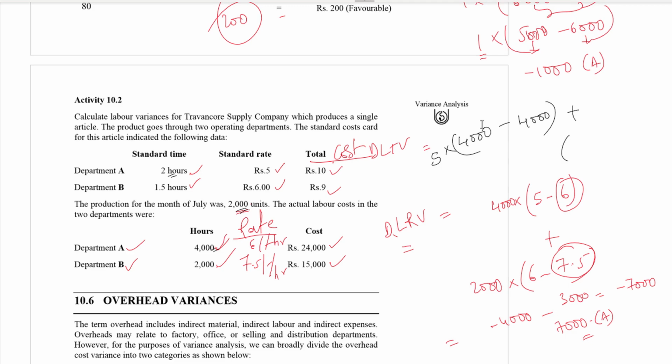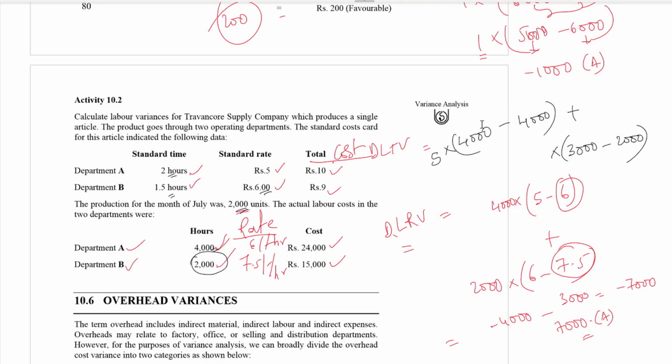Whereas in department B, what is the change in time? For producing 2,000 units, it was estimated at 1.5 hours per unit, which means 3,000 hours was the estimated time in department B, but actually they worked only 2,000 hours. 3,000 minus 2,000. So this is a good scenario. Time is reduced, efficiency is increased. What is the rate in department B?